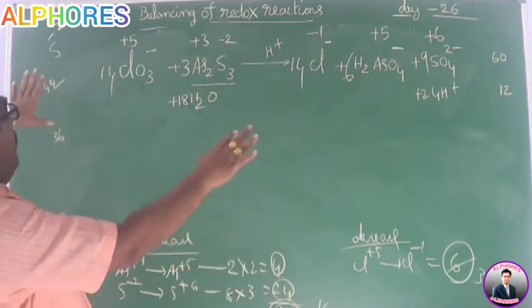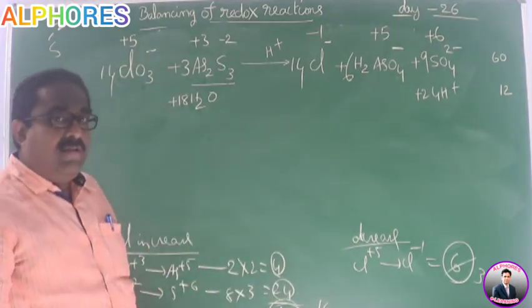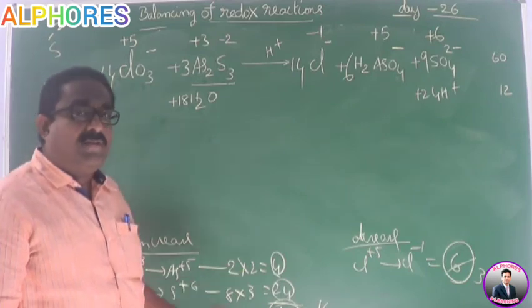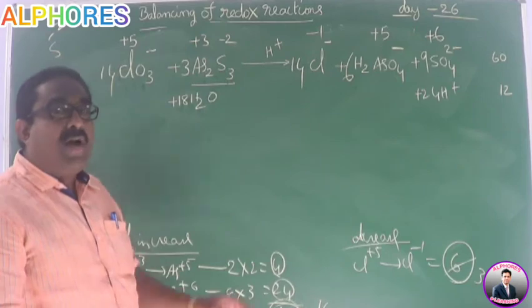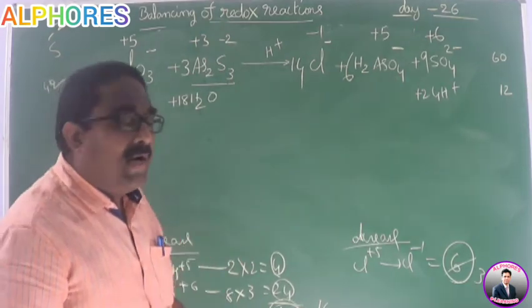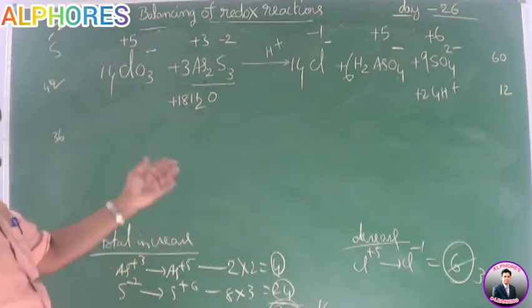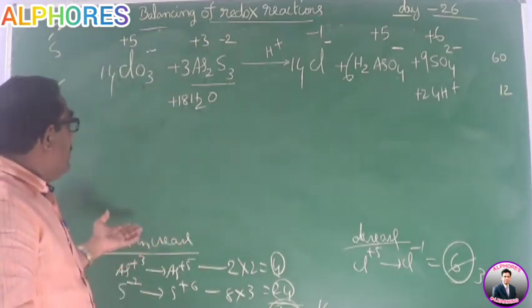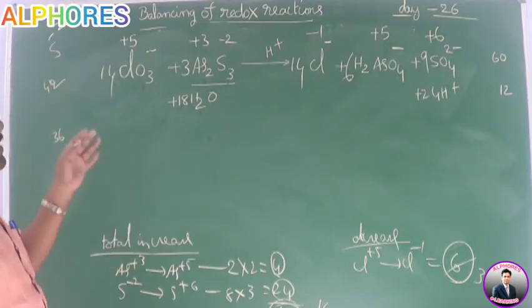So, oh, big coefficients, but the only thing is, you should be very cautious while calculating the oxygens and hydrogens. Simple addition and subtraction, nothing more than that. Only presence of mind is needed. Otherwise, procedure is same, very simple. Nothing feels difficult here. Only proper concentration is needed.